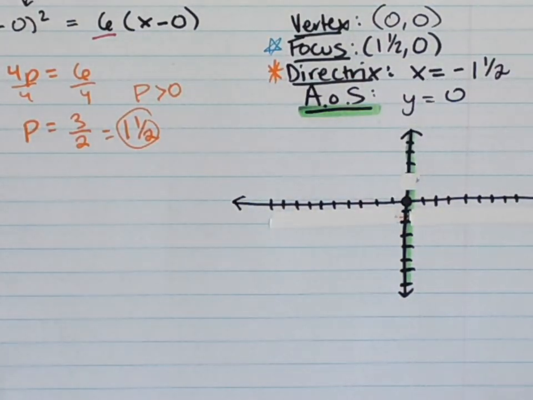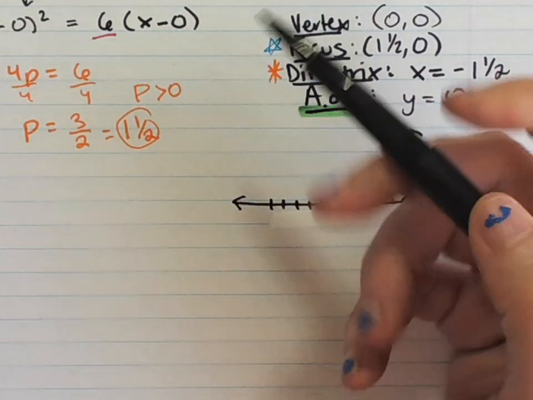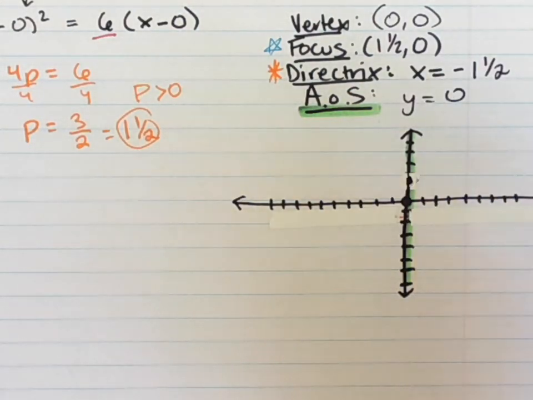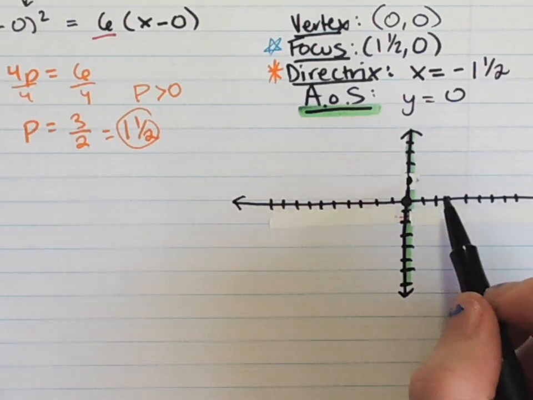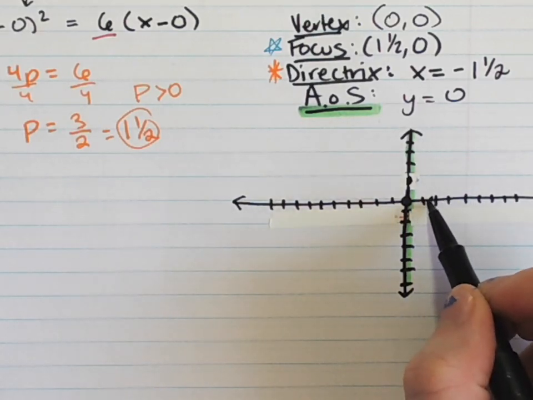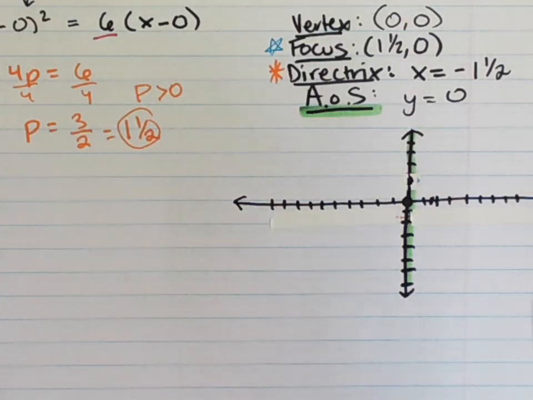I'm not paying attention to detail, am I? This is going to be horizontal. So I mixed up my x's and y's. That's okay. You gotta make mistakes as long as you catch them. The focus is at 1.5, 0, which is right here. So that's my blue dot.